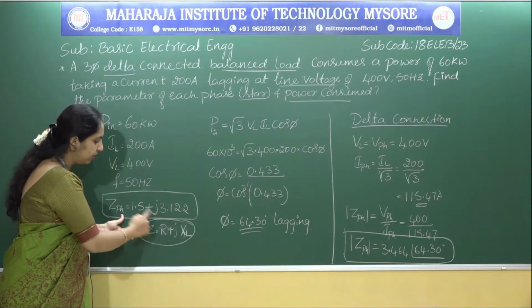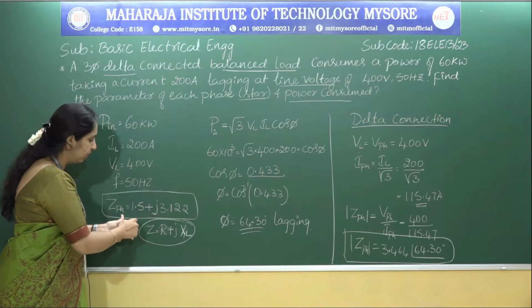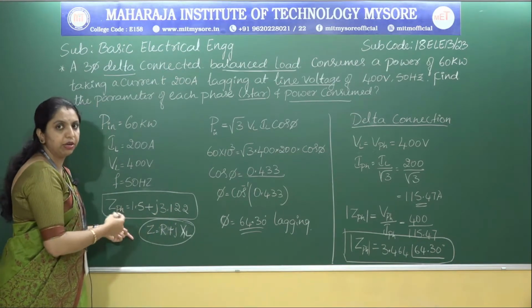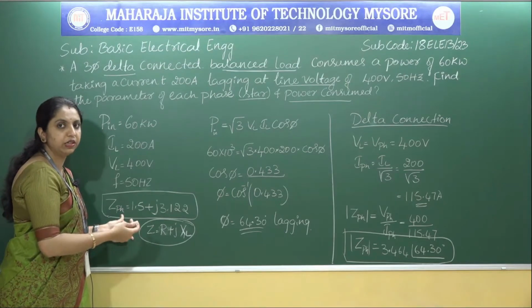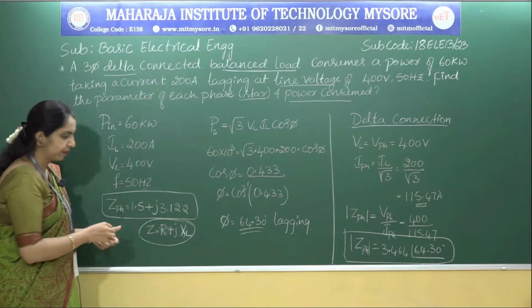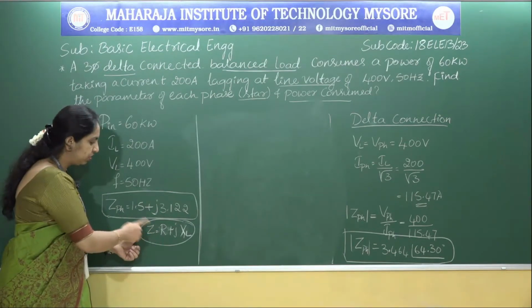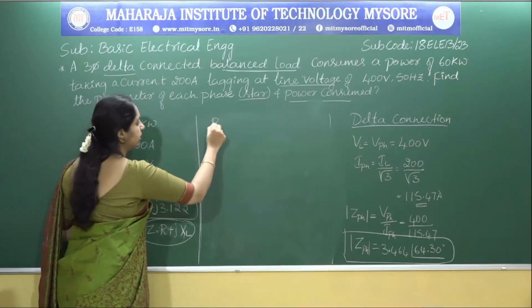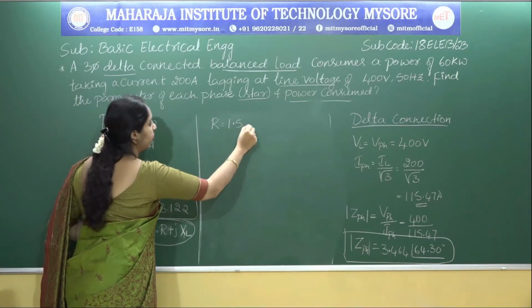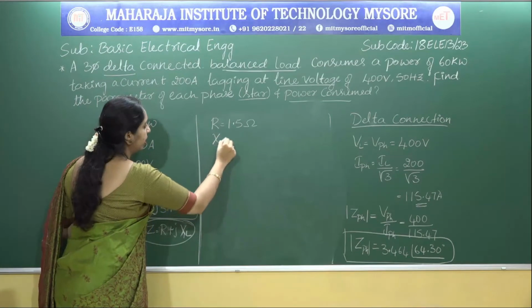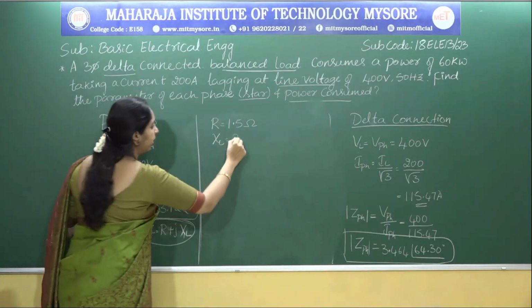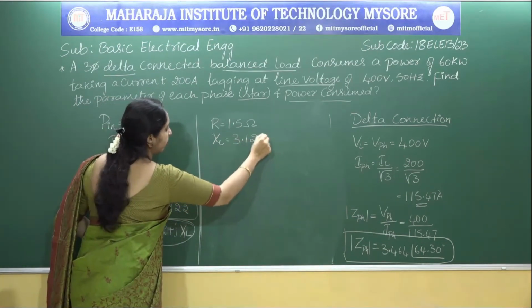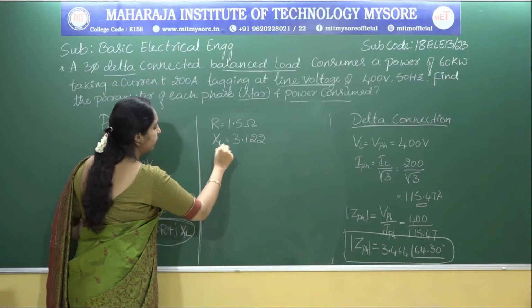By getting these two values, we are going to calculate the parameters of each phase in star connection. Now by comparing these two expressions, we have the resistor value as 1.5 ohm, and XL is equal to 3.122. Can we calculate L from this equation?